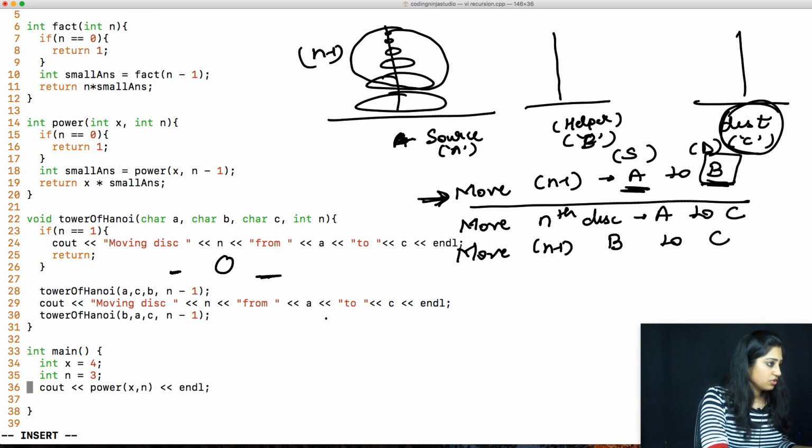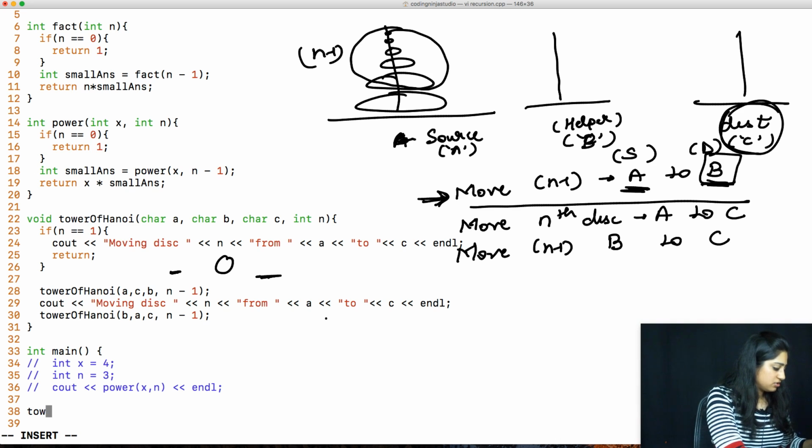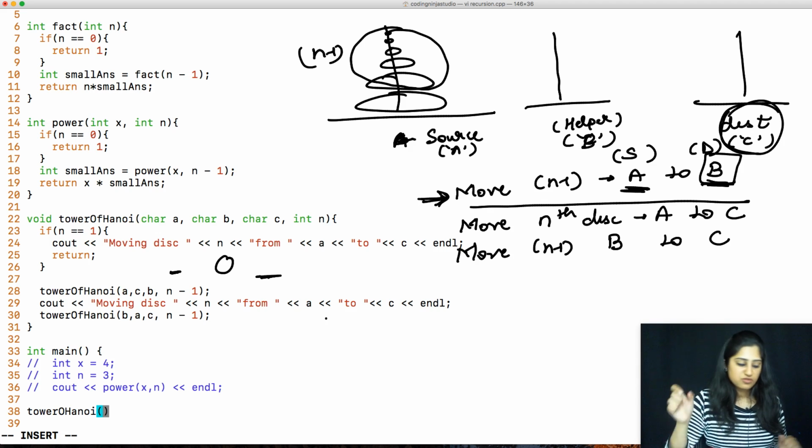Okay, so let's just comment these and call Tower of Hanoi here. What we are supposed to pass is the names of the rods.